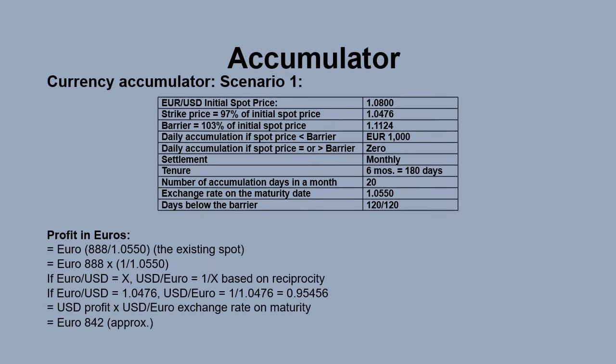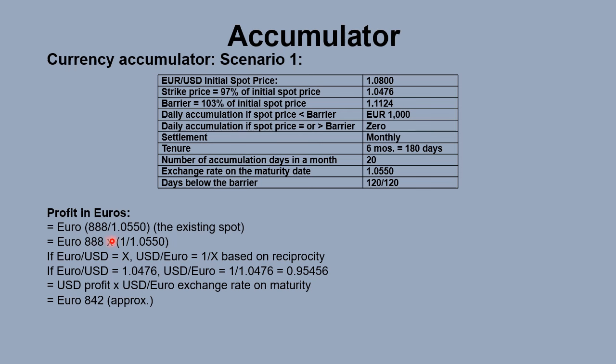The profit in euros can be calculated simply by dividing the USD profit by the existing spot rate, that is euro 888 divided by 1.055, which is the same as multiplying euro 888 into 1 divided by 1.055. As you may know, if the euro USD is X, USD euro is 1 by X based on reciprocity.